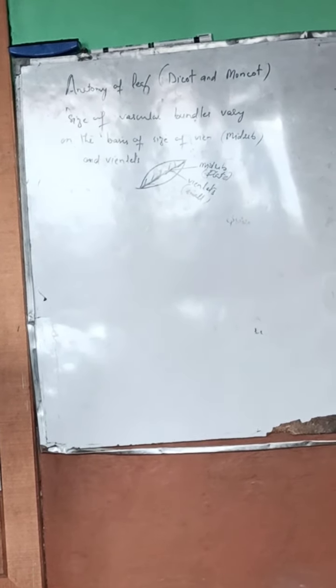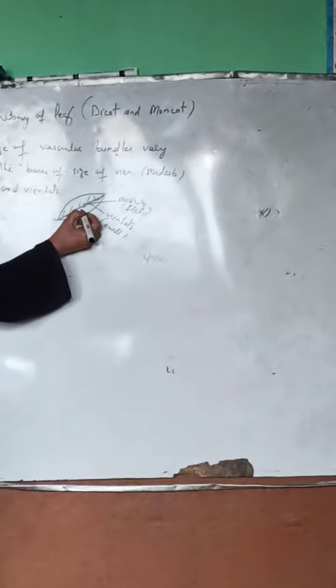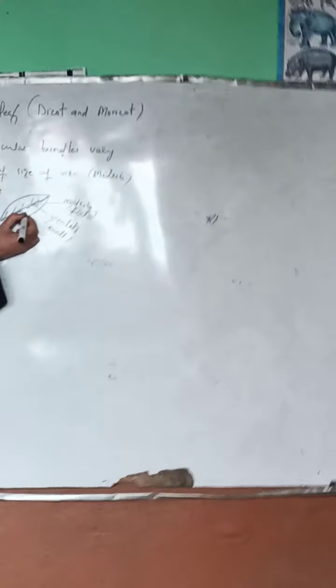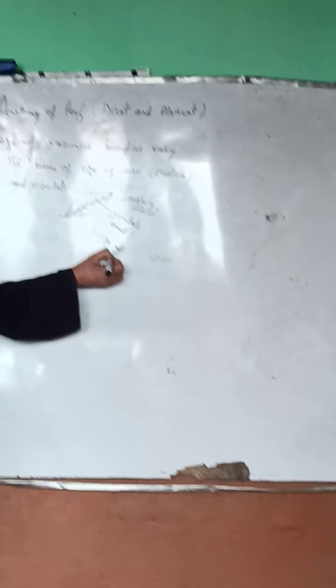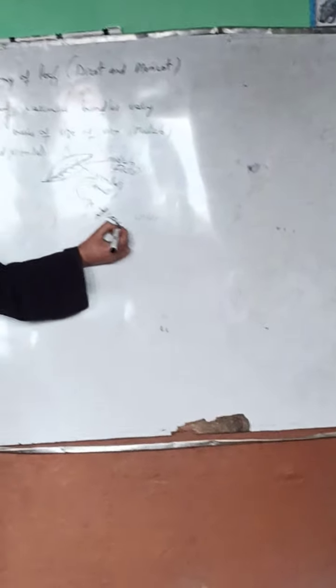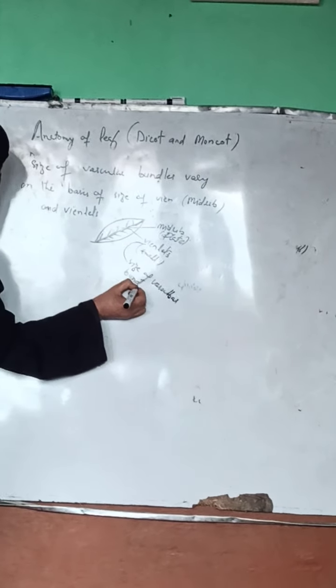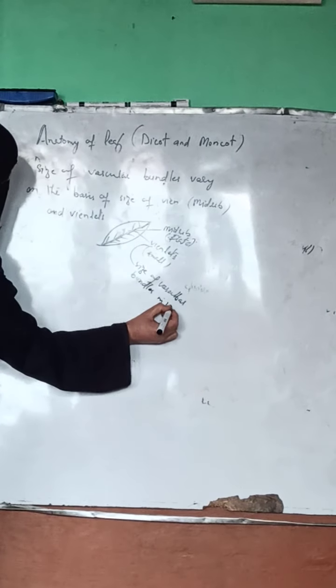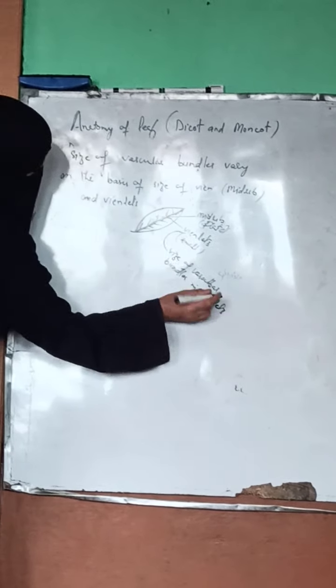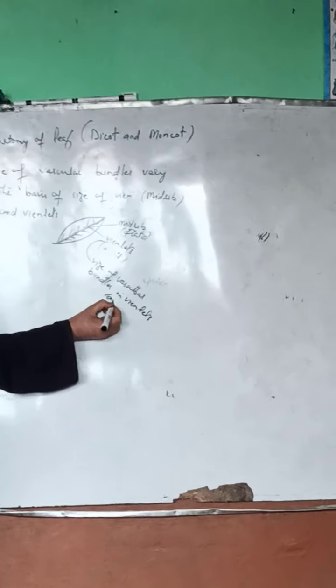So the size of vascular bundles in the midrib will be larger, but the size of vascular bundles in veinlets will be small.